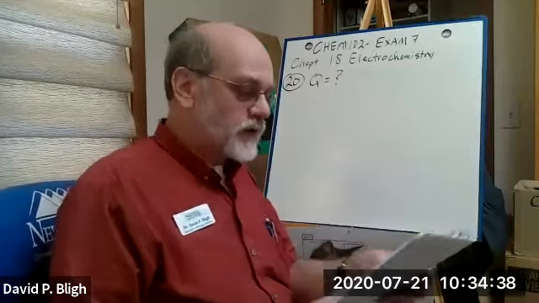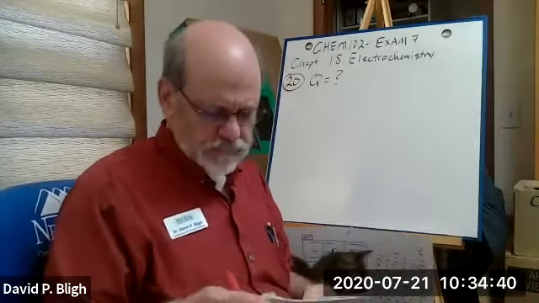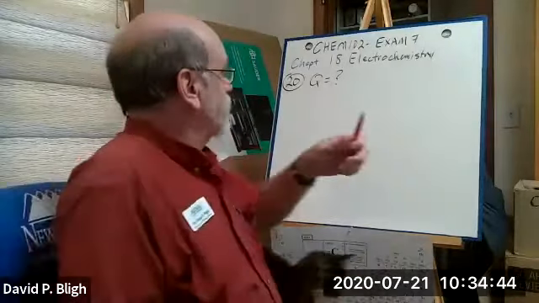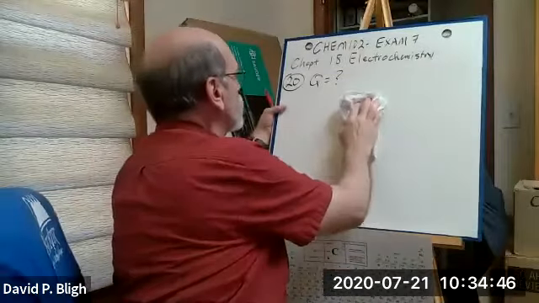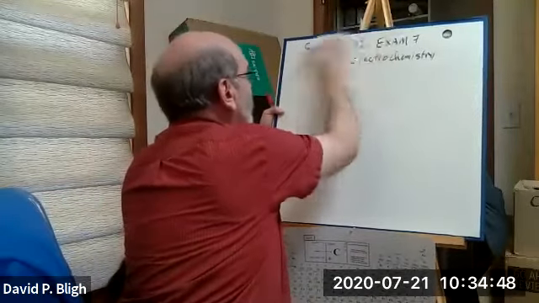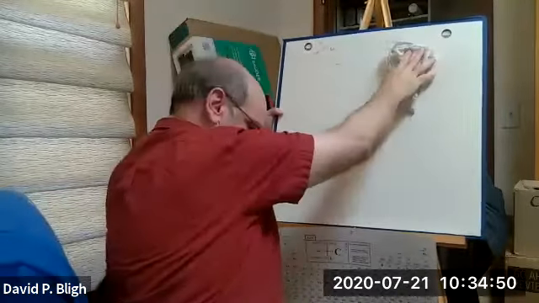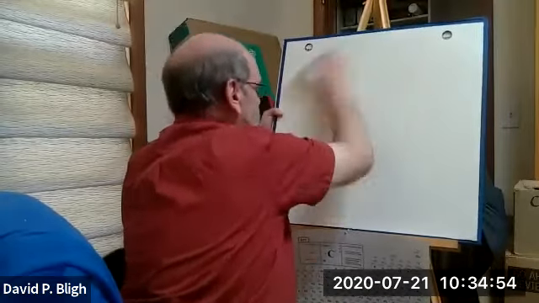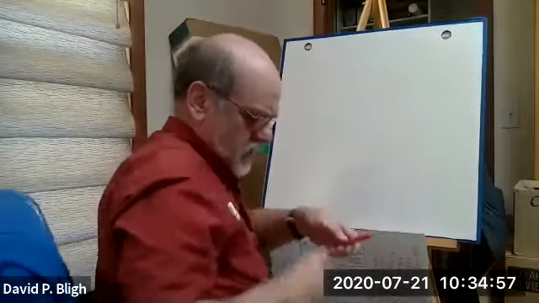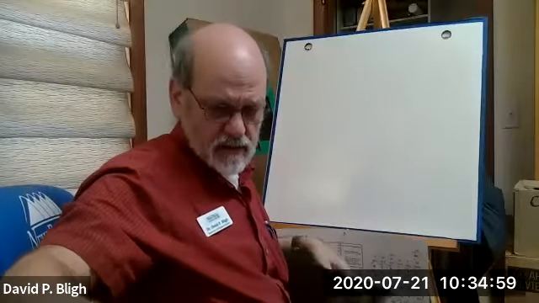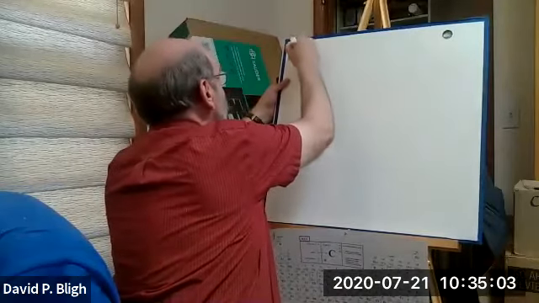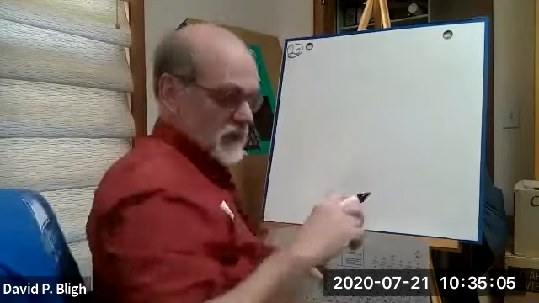All right, so in order to answer 20, do the Q, we need a balanced equation. And I think what I better do is make a lot of room. So this is going to be 20. Here we go.